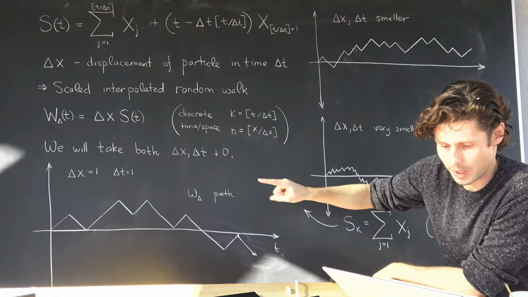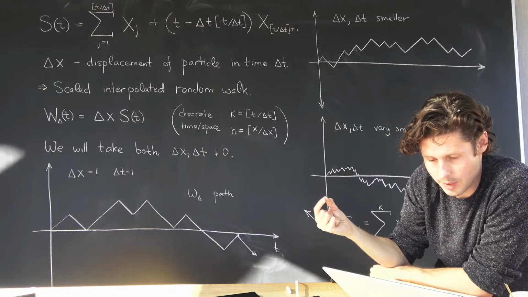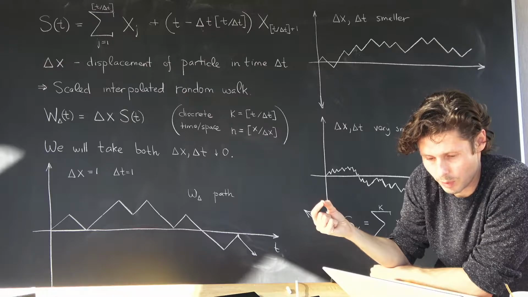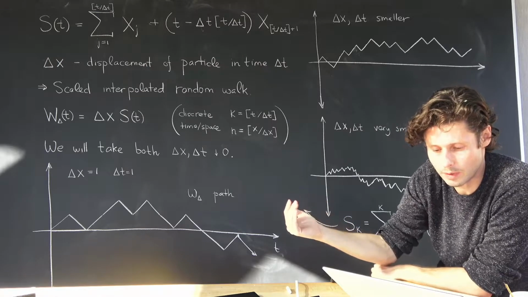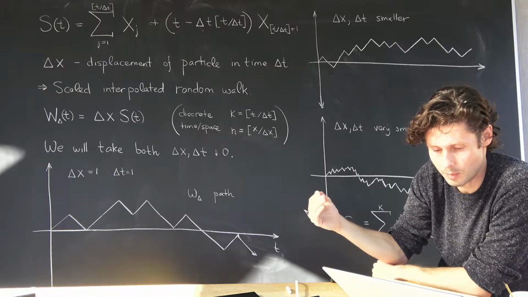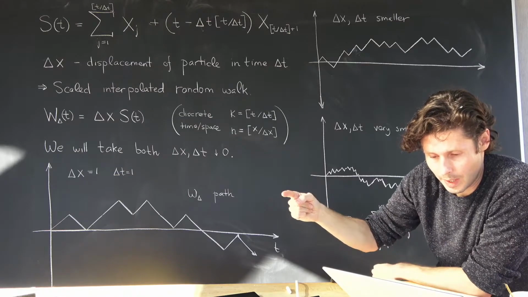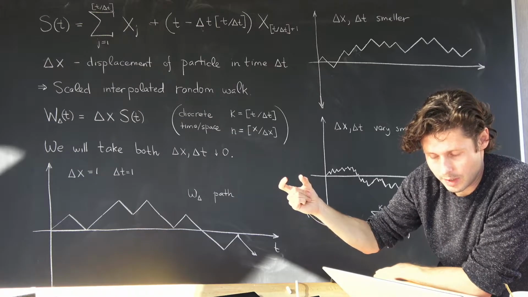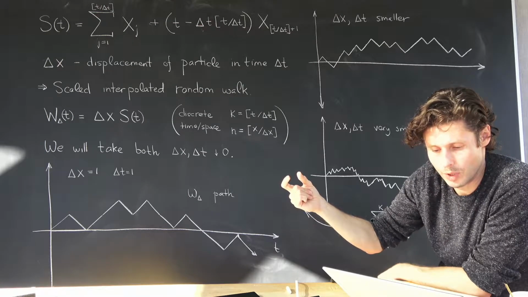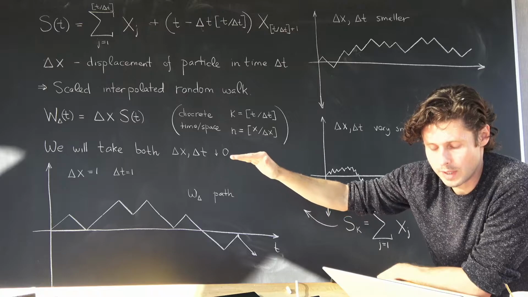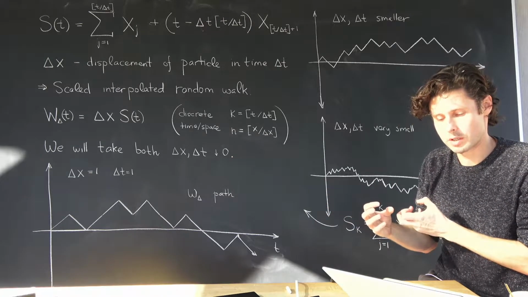And if I multiply from the left by a small amount delta x, then my increment, the amount by which I've moved, either in one dimension to the left or to the right, or in 3 dimensions up, down, left, right, forward, back, I've reduced the size of this increment from 1 to delta x, to whatever I want it to be. And the goal is that we'll start taking delta x and delta t down to 0.